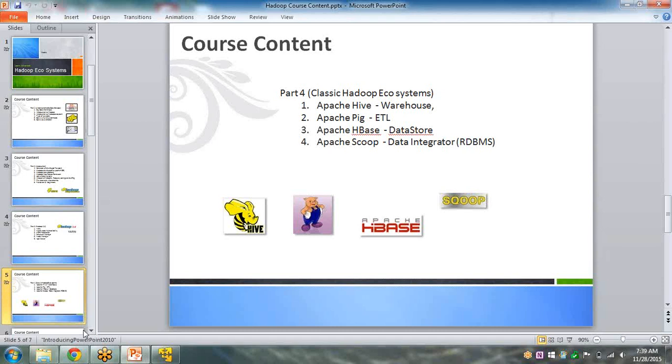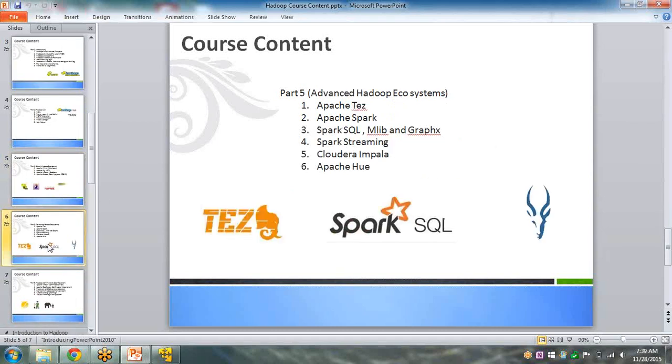At the end of part 5, I would like to show a demo on Tableau: how we can integrate Tableau with Hadoop frameworks and what it takes to build a dashboard on it. Awesome.